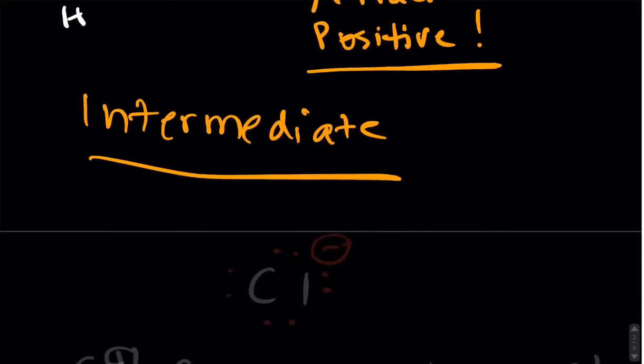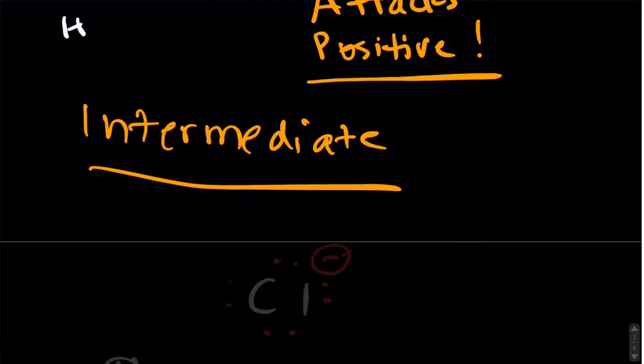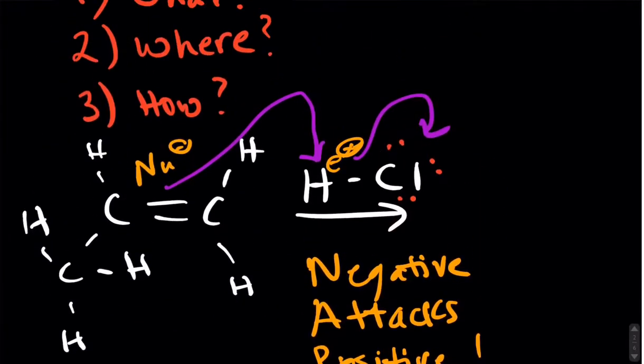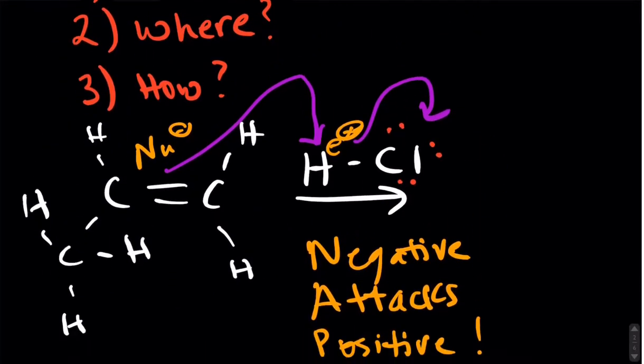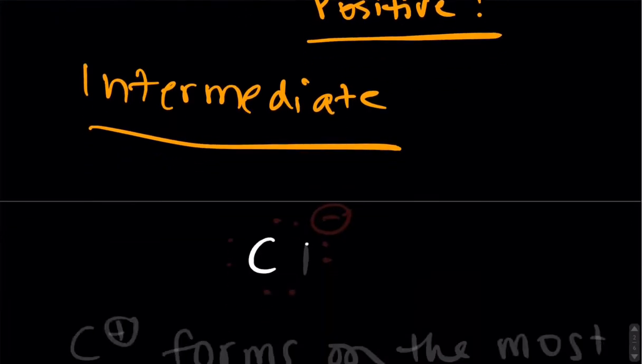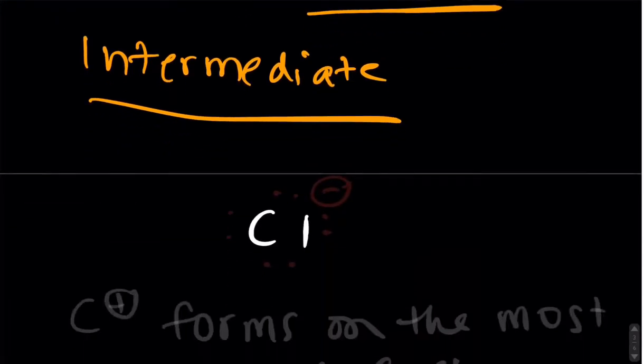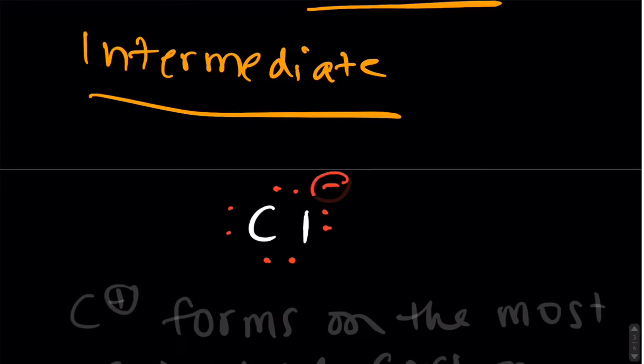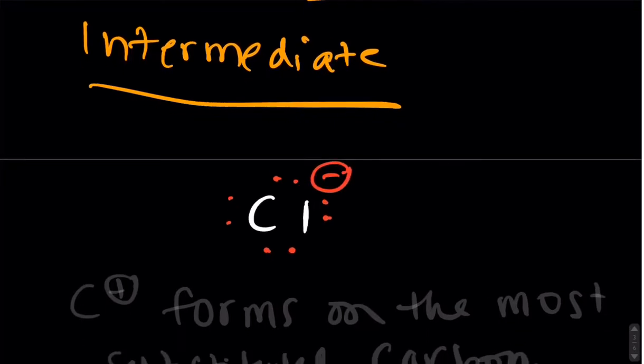So when we form that, obviously we're going to form a chlorine with 8 electrons, so 4 electron pairs, giving it a formal charge of -1. So that's one of our intermediate products.